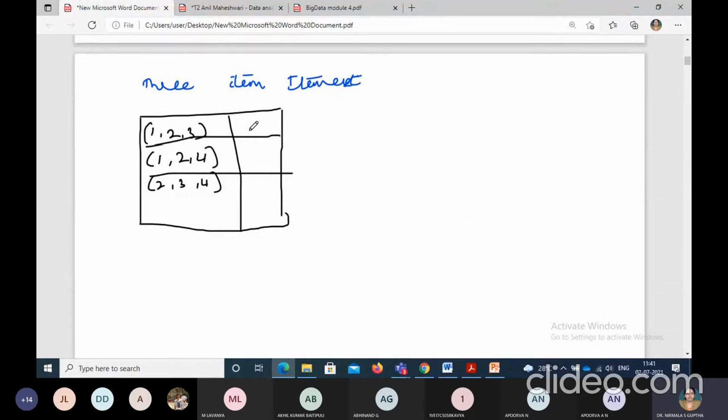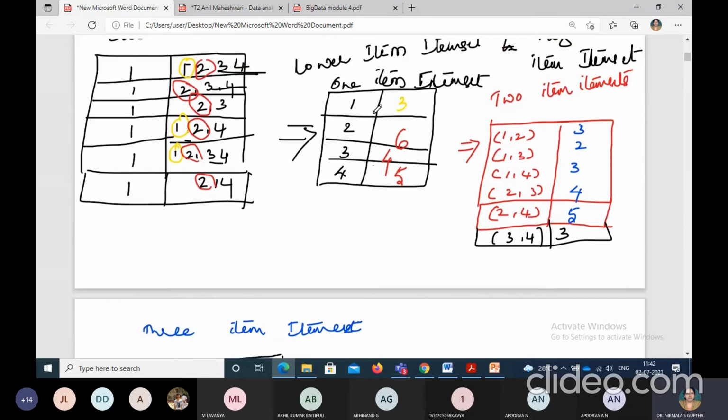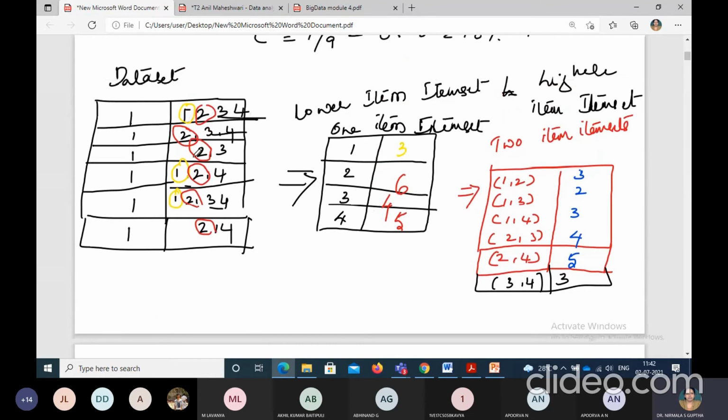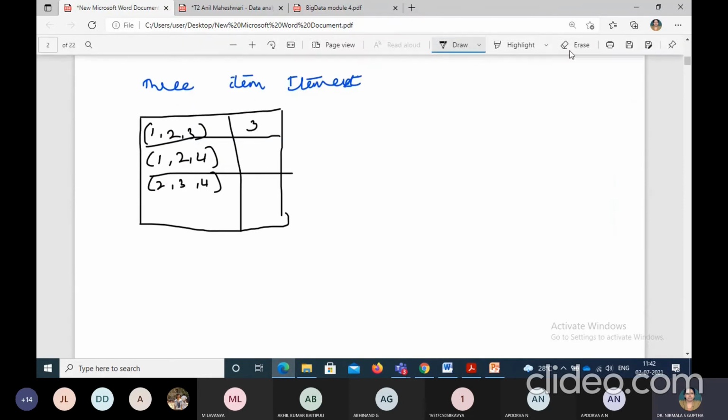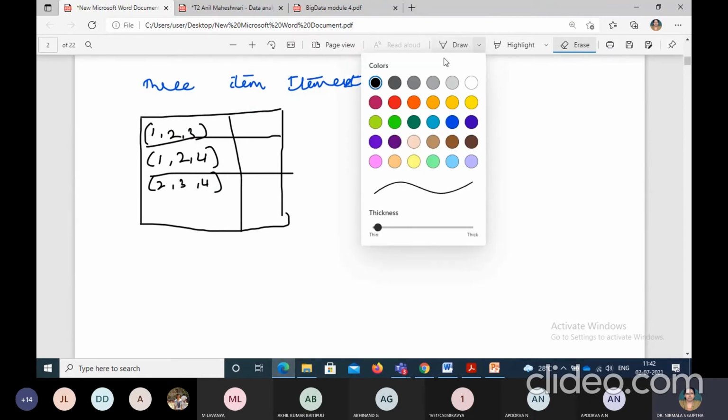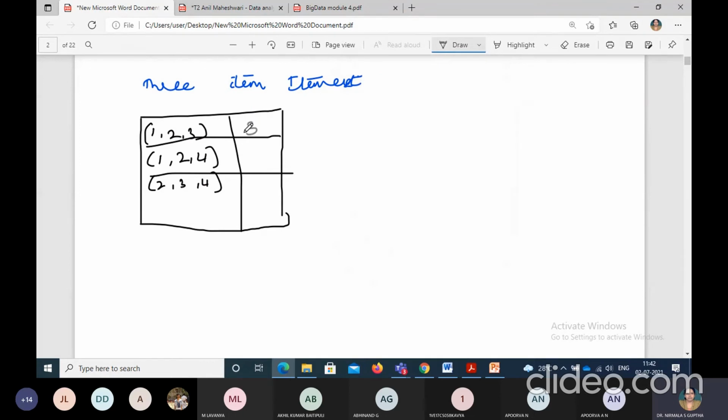Okay, so 1, 2, 3 is how many times? 2 times. How many times? 2 times or 3 times? 1, 2, 3, 1, 2, 3. So it is 2 times. So it is coming 3 times.